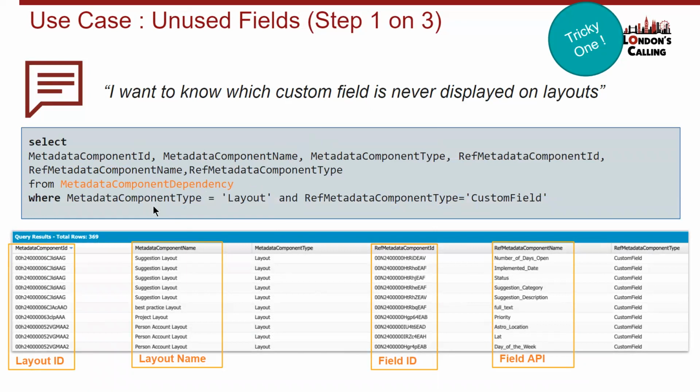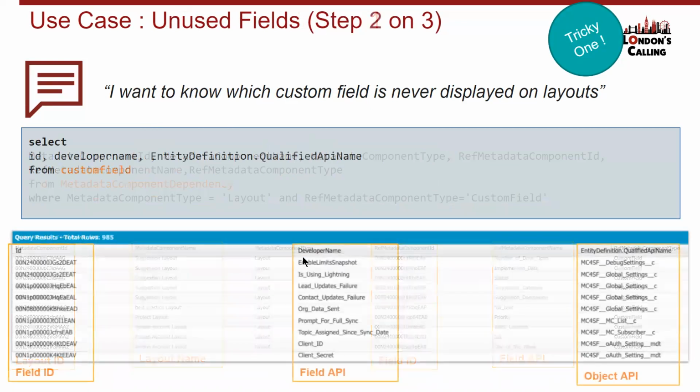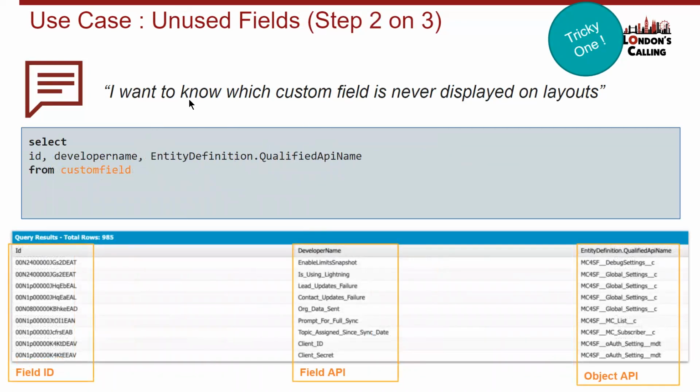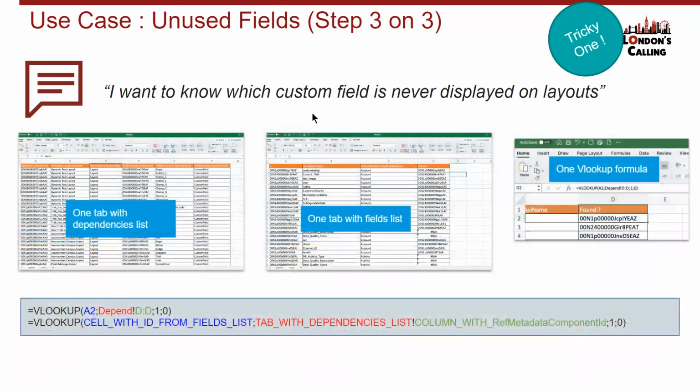So the first thing you have to do is run the query, so you need to grab this query. Then the second query you have to run is this one. Here you are asking Salesforce for the list of all the custom fields you have within the organization. Once you have run both queries, we go back to Excel.